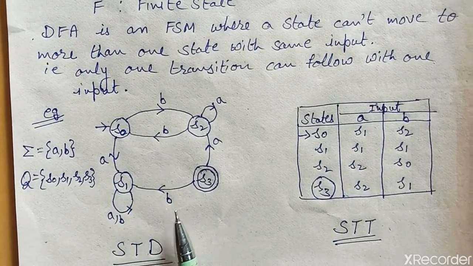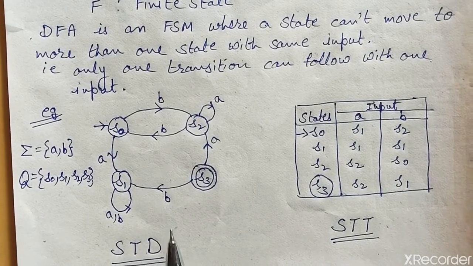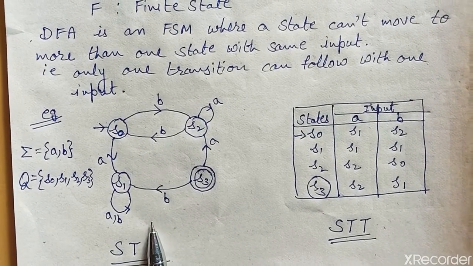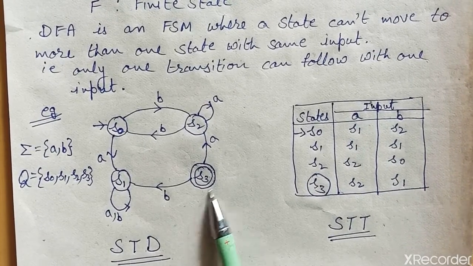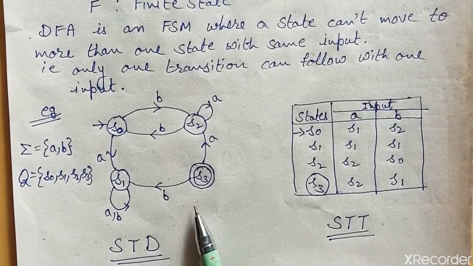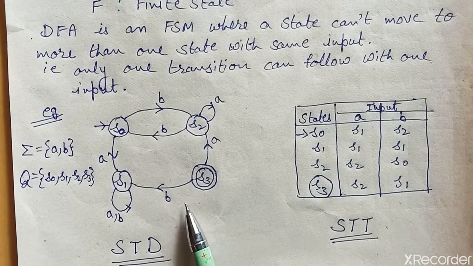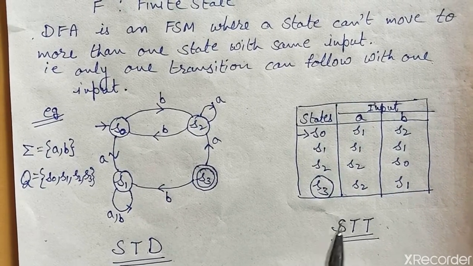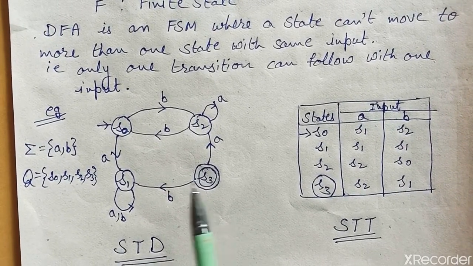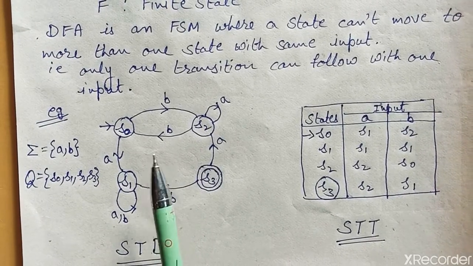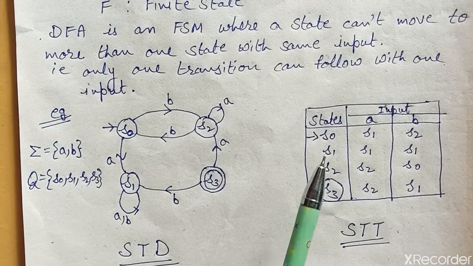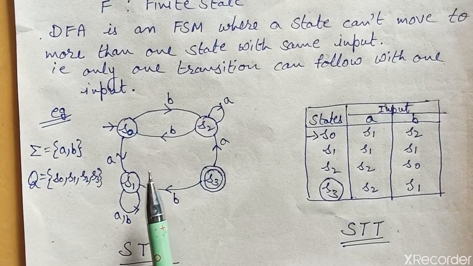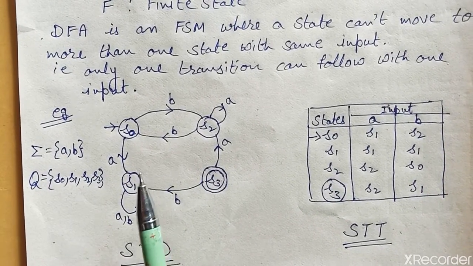So here state transition diagram is given for finite automata, and you know how to read it. And we have converted this state transition diagram into state transition table. So now in this, you can understand by this diagram as well as by this transition table how it is deterministic.